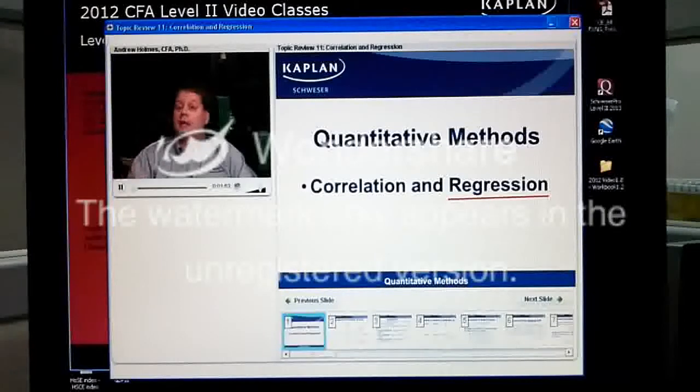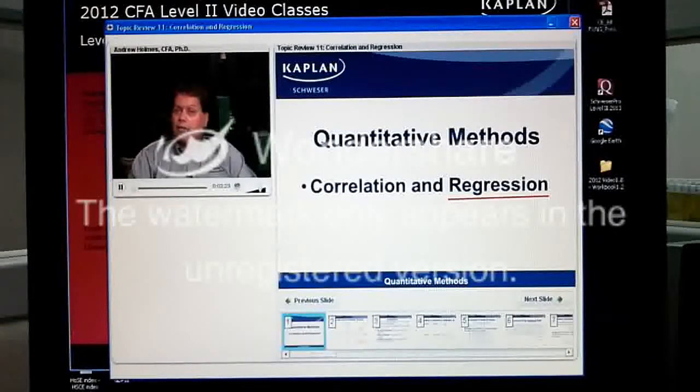In the next topic area, provided that you still have the stomach for that as you progress through the video series, we're going to move on to multiple regression where we have multiple independent variables. So the things that we learn here about regression are going to carry forward to the next topic summary in a very direct fashion. We're just going to be expanding our understanding of regression.